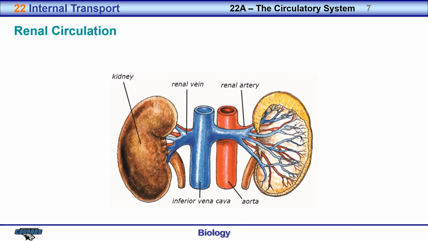Then we have another circulation. Another part of the systemic circulation is the renal circulation, and the renal circulation carries blood into and out of the kidneys, and so that's why we call it the renal circulation. If you've ever heard of somebody being on dialysis, sometimes they call it renal dialysis. Why? Because the dialysis is trying to do what the kidneys aren't functioning properly to do.